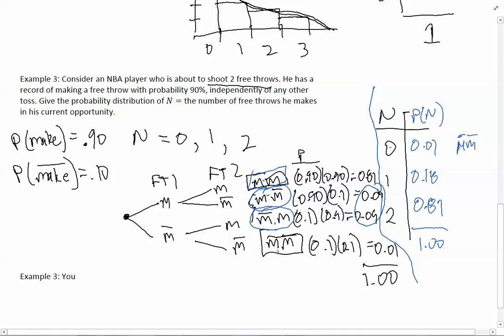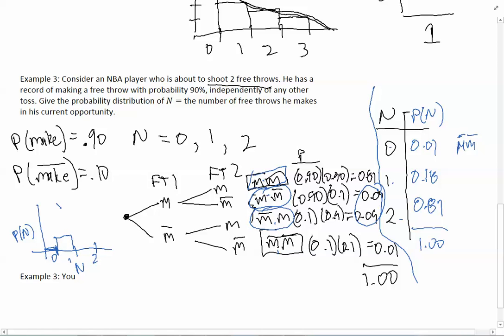And so now we can draw a probability distribution, or histogram, and we can visualize this. So the probability that you get 0, 1, or 2, well, I won't label the y-axis here, but there's a really low chance that you make 0 of them, a little bit higher that you make 1 of them, and really high that he makes both of them.